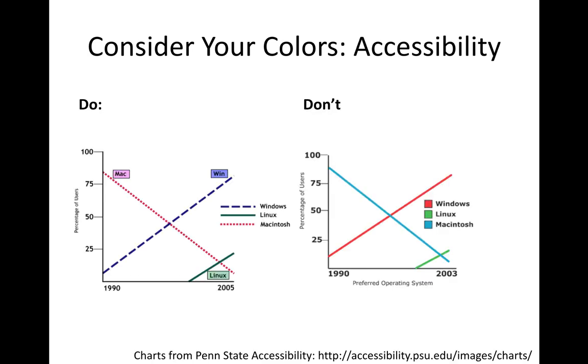So now we're going to talk a little bit more about what I already alluded to, whether or not you're relying on color to convey information. If you look at these two slides, you'll see that the one on the left is going to convey the information that's necessary, both with color and with texture, and by having the information right by the line that it's with.